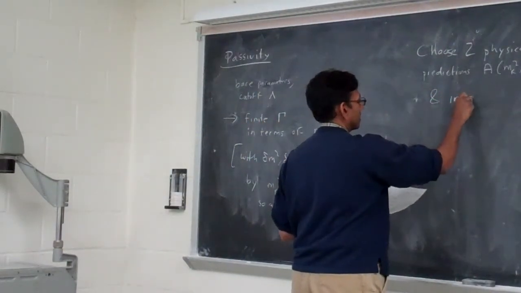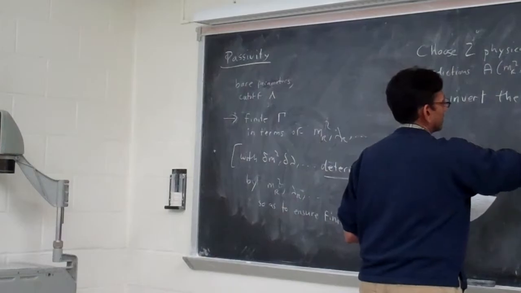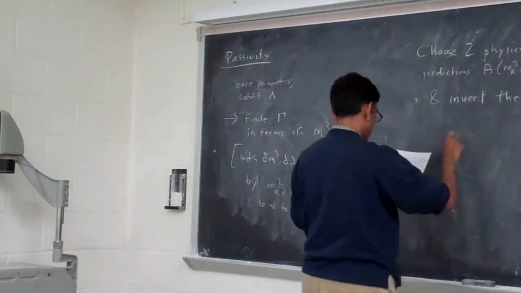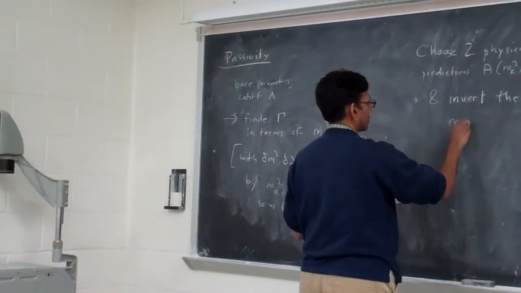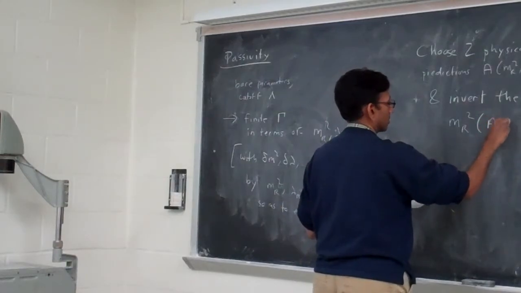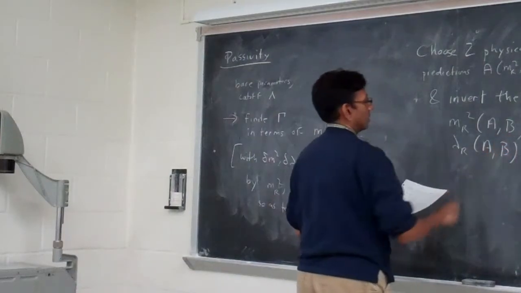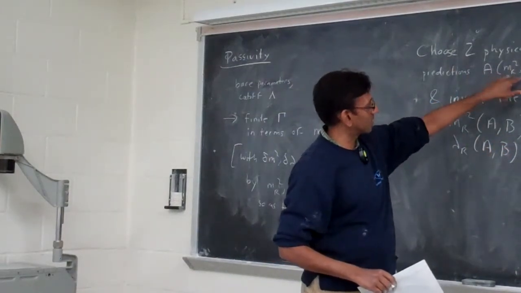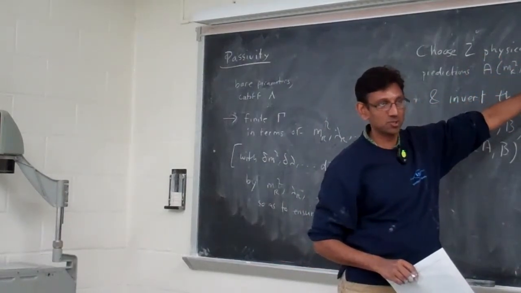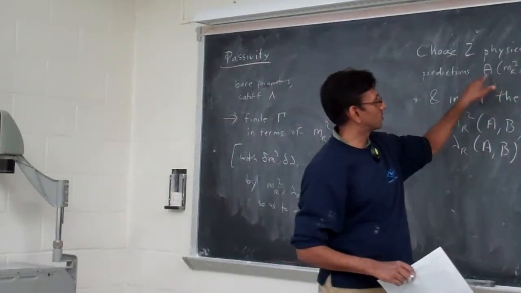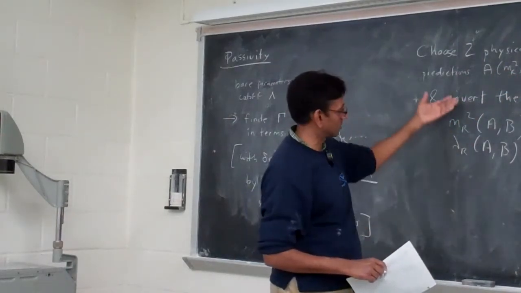And invert the relation so that we have, if you can calculate as a finite function of these guys, two things that you can actually go out and measure. Then these two measurables and these two renormalized parameters, let's invert the relationship so that it looks like this.